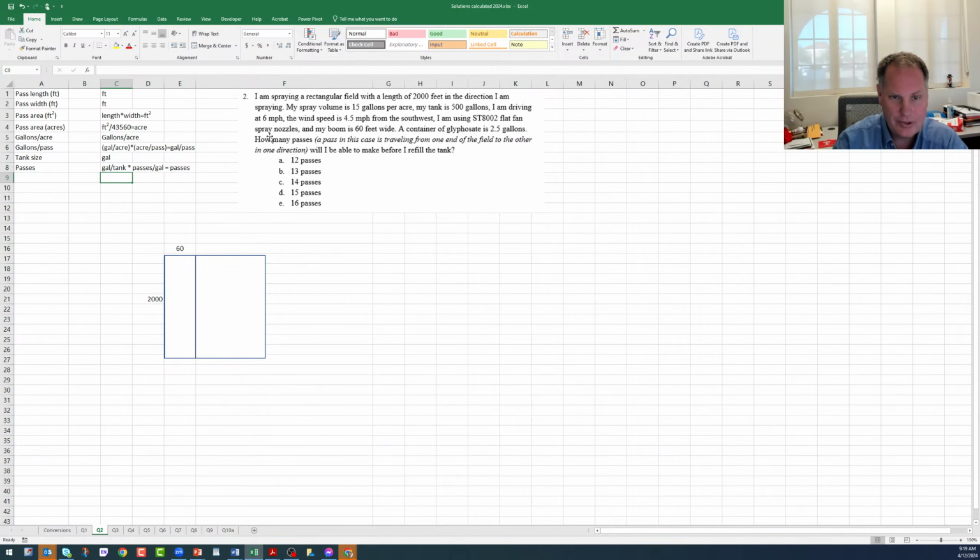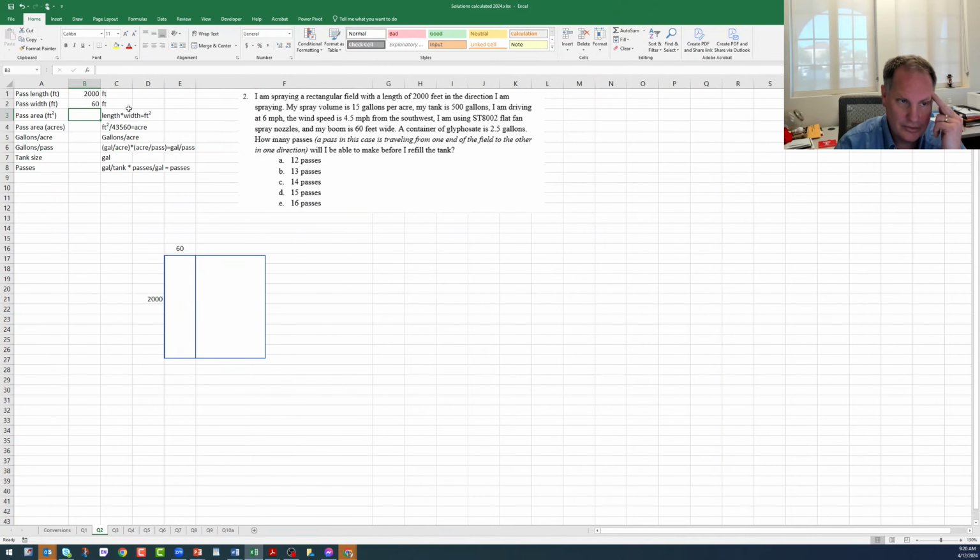But I need to figure out how many passes I'll be able to make before I refill the tank. So I need to figure out how many acres I have in a pass and then go from there. I know that the width of my spray boom is 60 feet. I know that the length that I'm spraying is 2,000 feet. So I'm going to go ahead and put that in, and that will give me my area that I'm spraying with each pass.